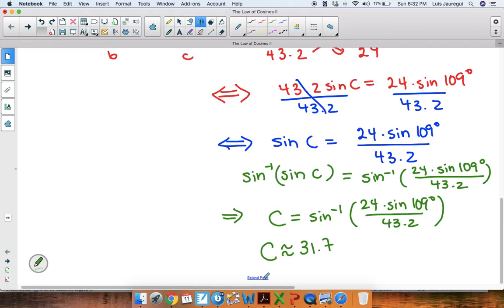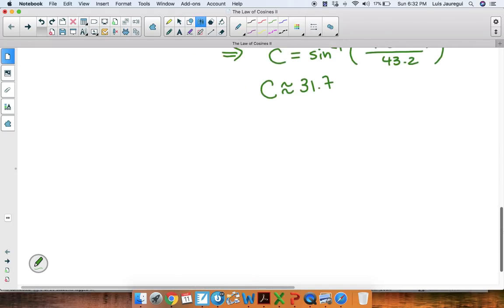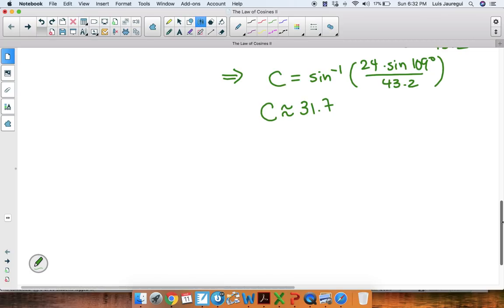Now, let's put this answer in the context of the problem. C is the measure of the angle. So we can say, therefore, the measure of angle C is equal to 31.7, and we need to specify the units, in this case, degrees.